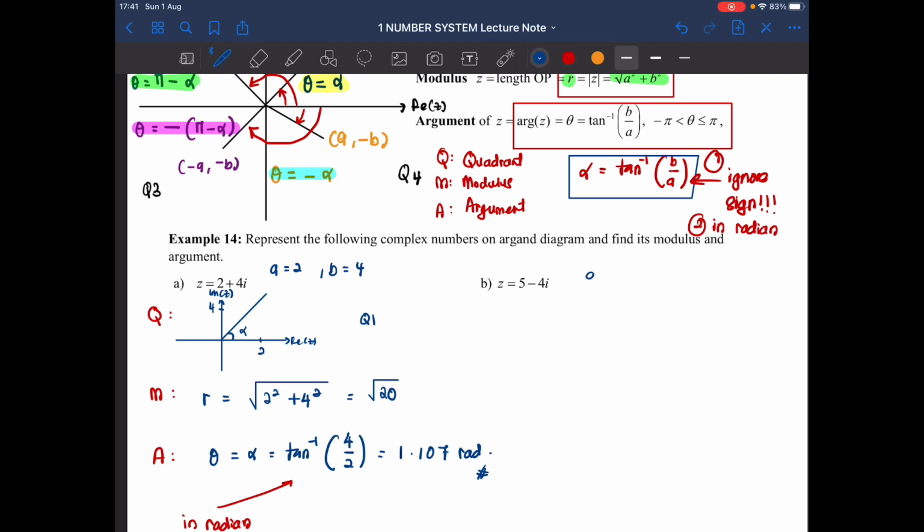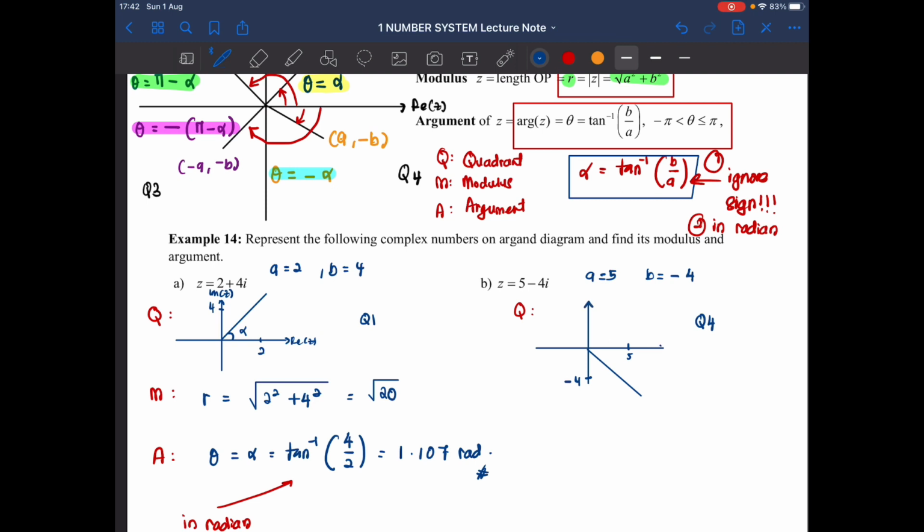We have A is equal to 5, B is equal to negative 4. So the first step is the quadrant. A is 5, B is negative 4. A represents X. So A is 5, B is below, negative 4. So it's going to be in the fourth quadrant.